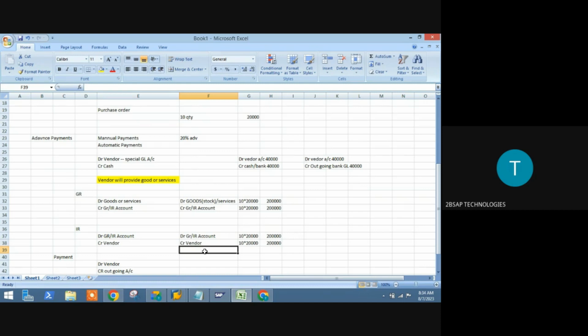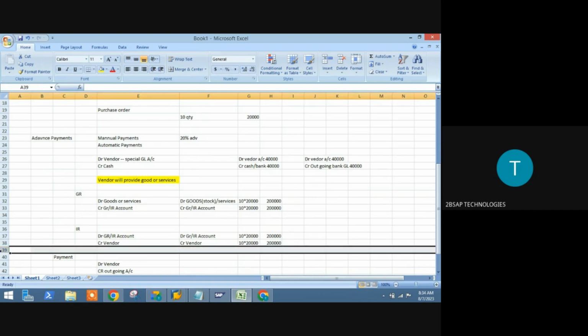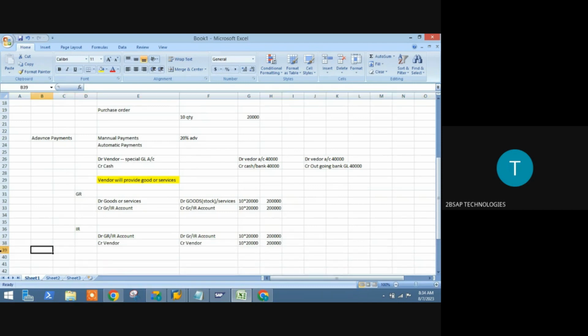Assume there is a case where the invoice price has been increased compared to your purchase price.